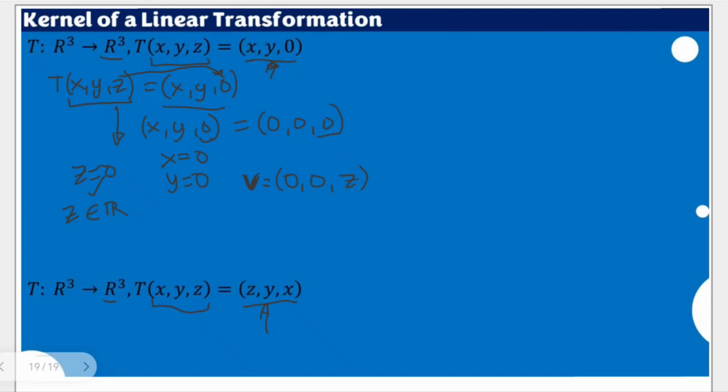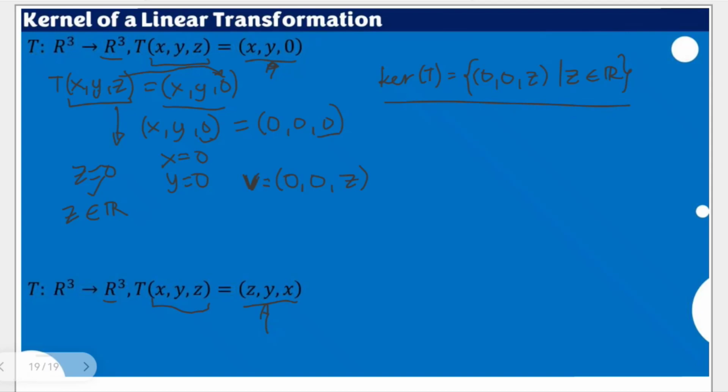And since the kernel of a linear transformation is a set denoted by ker of T, let us come up with a set here: (0, 0, z) such that z is an element of the real numbers. This would be the kernel of the first linear transformation.